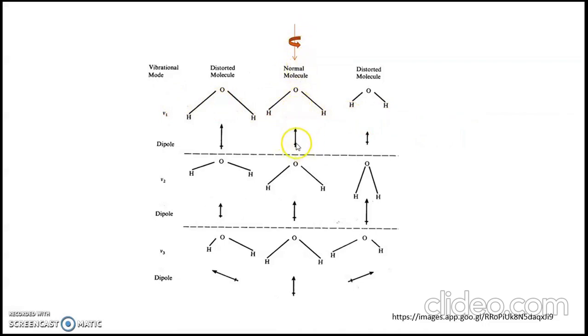For a normal molecule, there is a dipole moment, and we distort the molecule through stretching or compressing. Even if symmetrically, it can change the dipole moment. You can see clearly from this picture, the dipole moment value has a change in all these types of stretching.